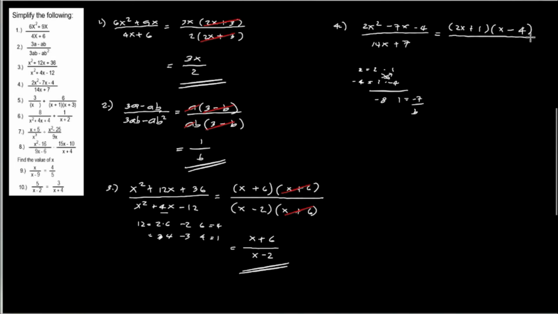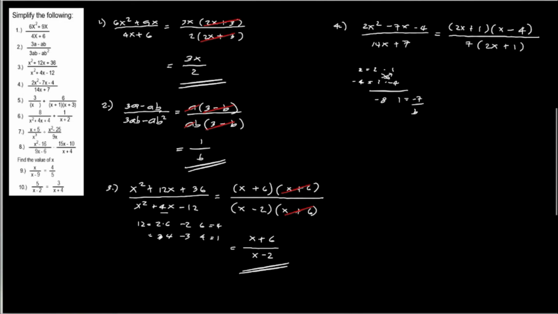And we divide by 14x plus 7. The greatest common factor is a constant 7, so factor out 7, and 14x over 7 is equal to 2x, plus 7 over 7 is 1.